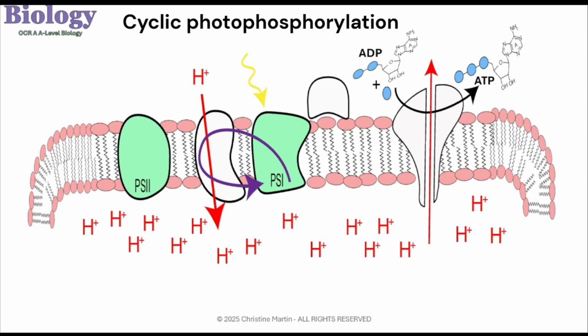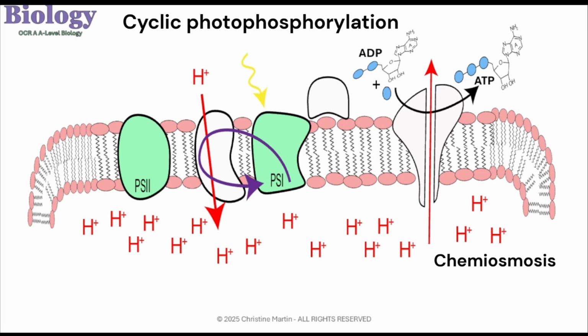formation of reduced NADP. So it's important to understand the electron transport chain is required to pump hydrogens against the concentration gradient so that they then accumulate within the thylakoid space. This then results in an electrochemical gradient, and those hydrogen ions will flow down the electrochemical gradient through the ATP synthase.